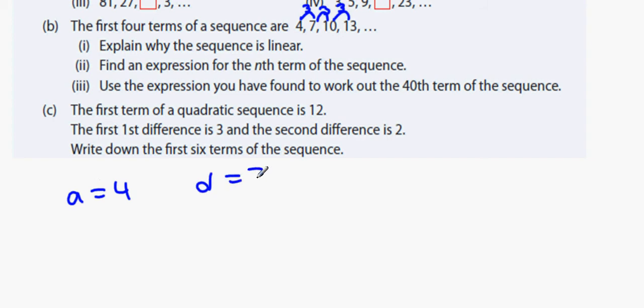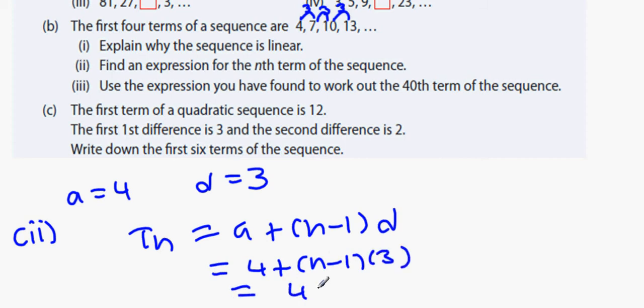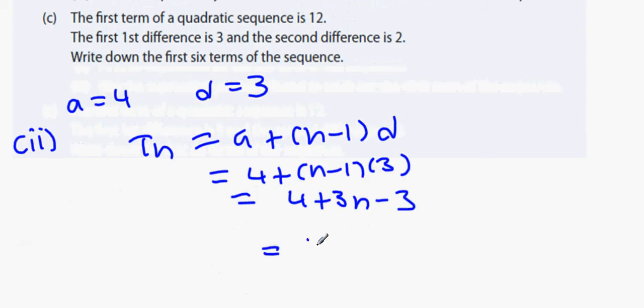Tn equals A plus n minus 1 times D. A is going to be 4 plus n minus 1 times 3. 4 plus 3n minus 3. And what we get here is 3n plus 1.